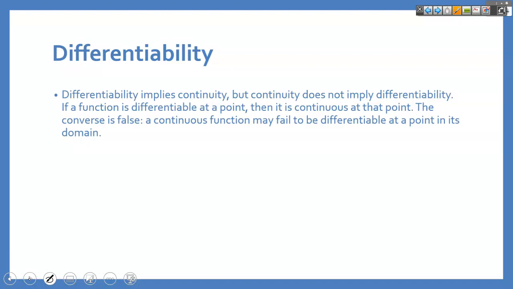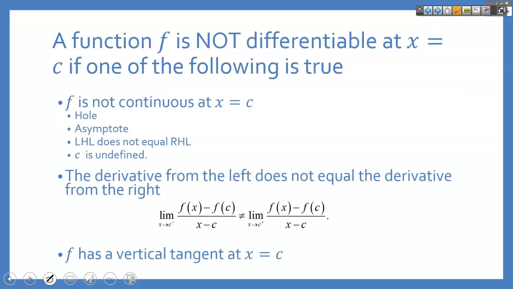Remember that differentiability implies continuity. Continuity does not imply differentiability. A function is not differentiable at c if we have a hole, an asymptote, the left-hand limit does not equal the right-hand limit, or if c is undefined. So in the scenarios in here, we talked about continuity.